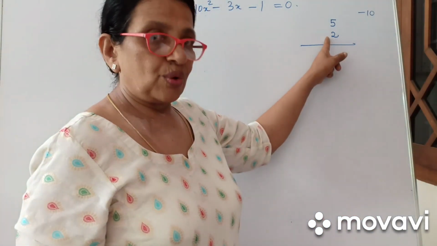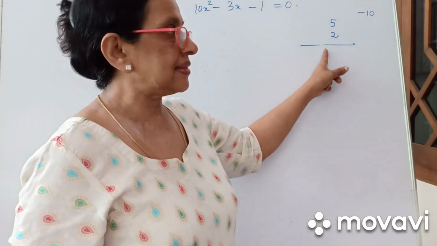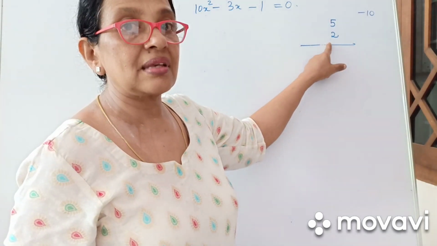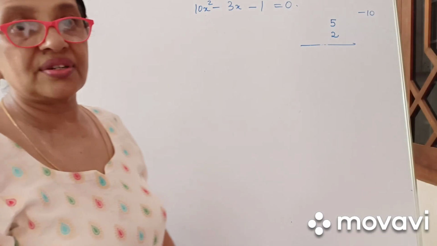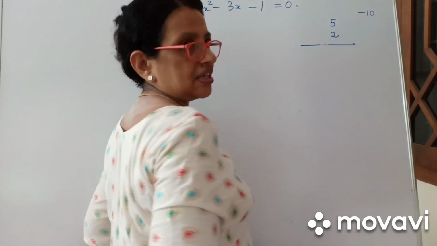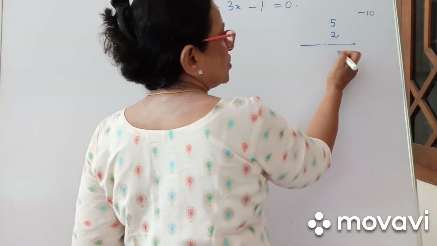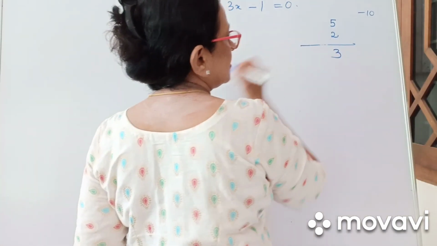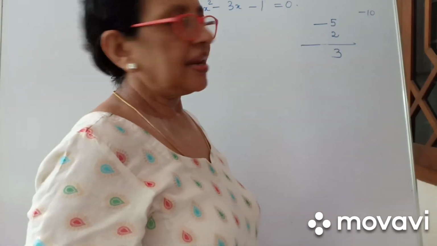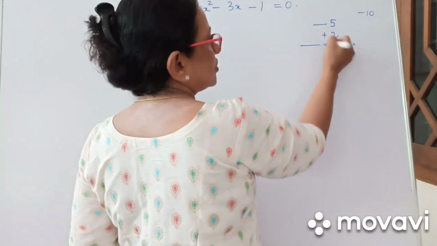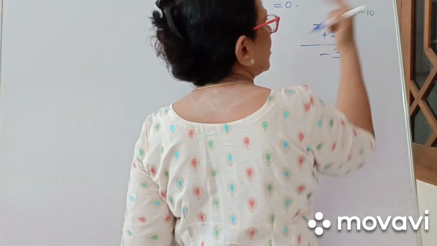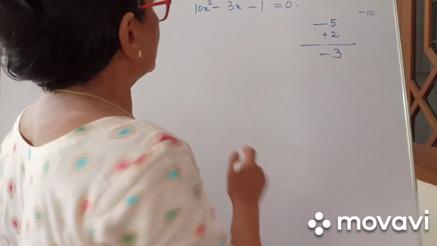Same way, from here you have to find two numbers whose difference is 3, and the product should have units place 0. So it is 5 minus 2. Understood? 5 minus 2 is 3. And you have to get a negative 3. So put negative 5. Negative 5 and positive 2 will give you negative 3. When you multiply these two, you will get negative 10. So you got your factors.